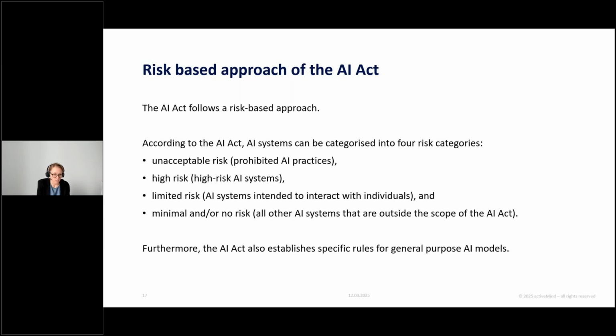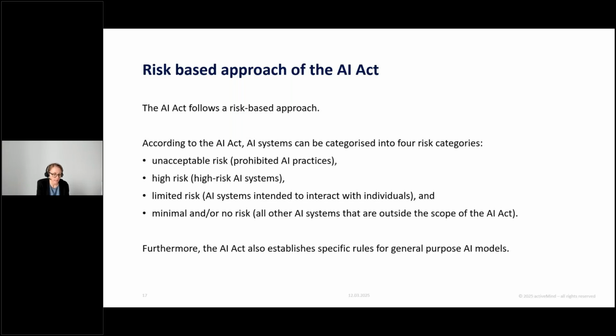If it has or is assumed to have high risk, there are quite huge obligations. Then there is limited risk, where there is less to do, and minimal or no risk, and then it's outside the scope of the AI Act.